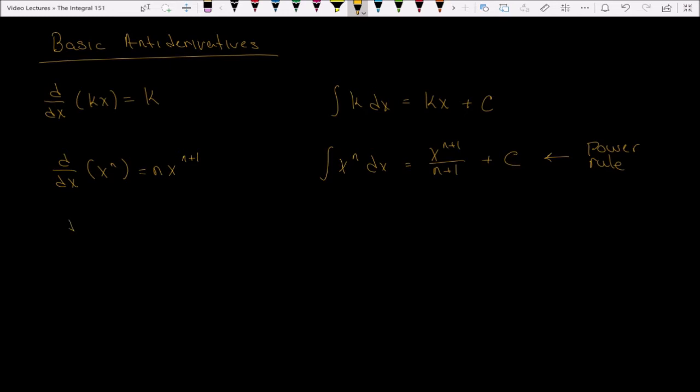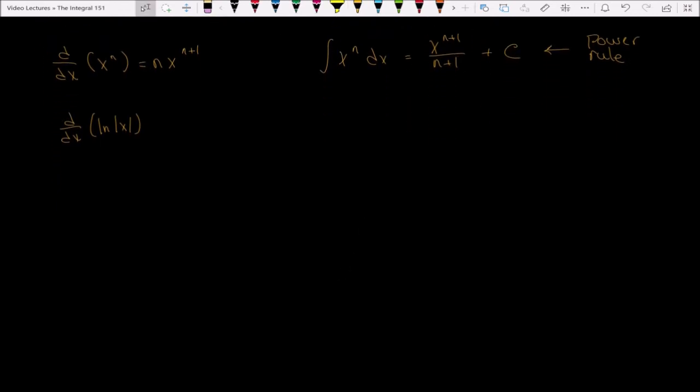Now, the derivative of the natural log of the absolute value of x is going to require a little bit of work. The natural log of the absolute value of x is the natural log of x as long as x is greater than 0. It's the natural log of negative x if x is less than 0. Remember, x cannot actually equal 0.